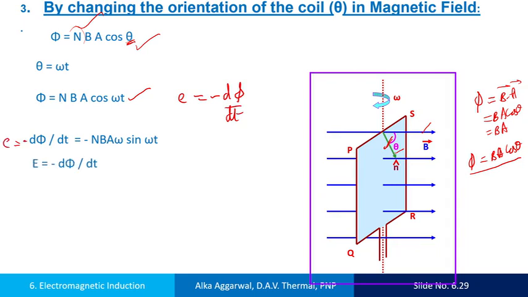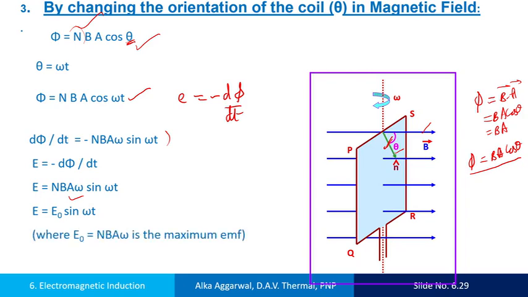When we differentiate this cos omega t, its differentiation is minus omega sine omega t. Minus minus becomes plus, so it becomes NBA omega sine omega t. This can be written as E naught sine omega t, where E naught is equal to NBA omega.